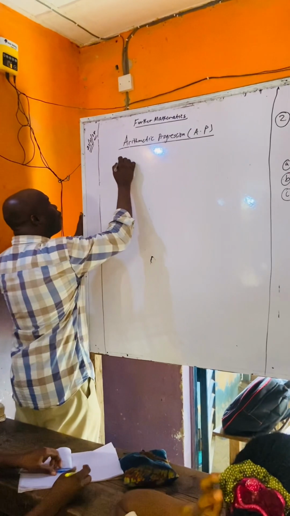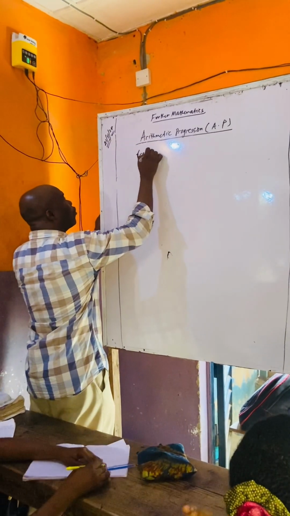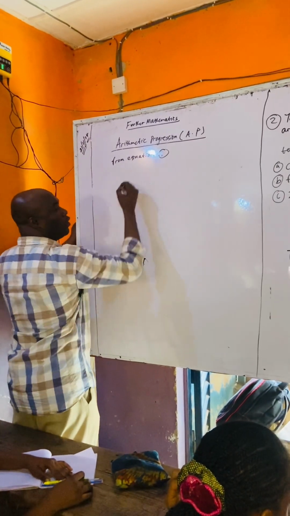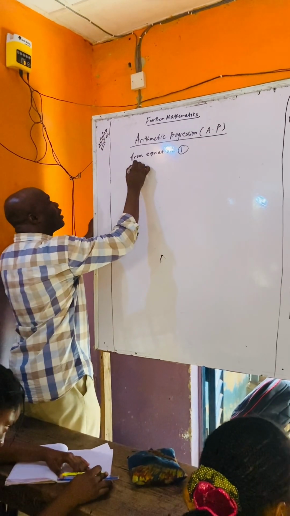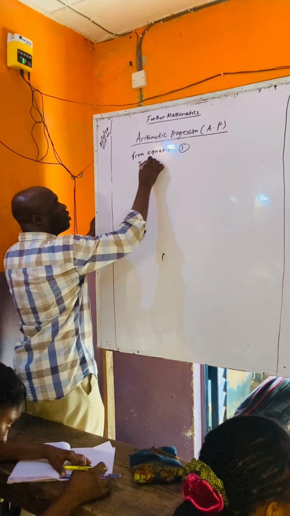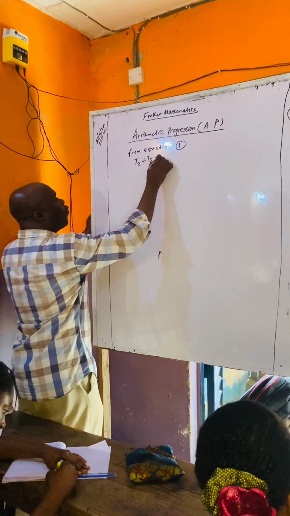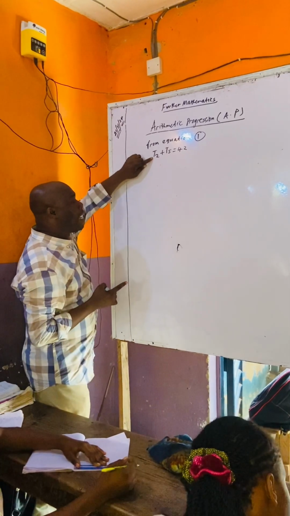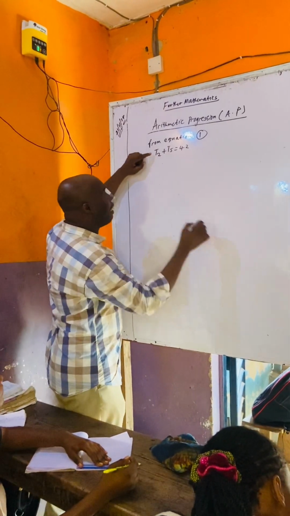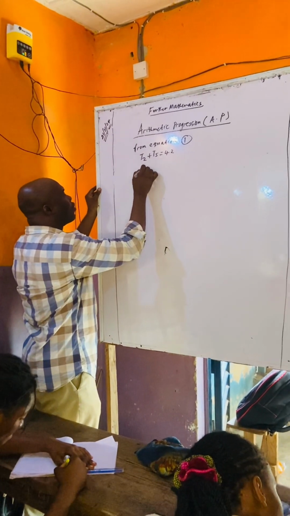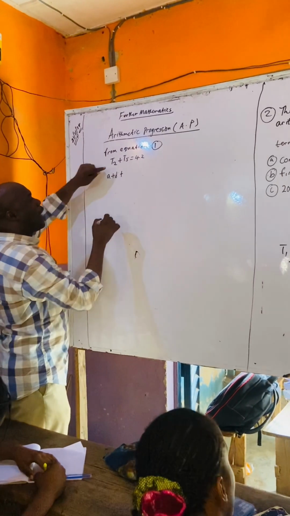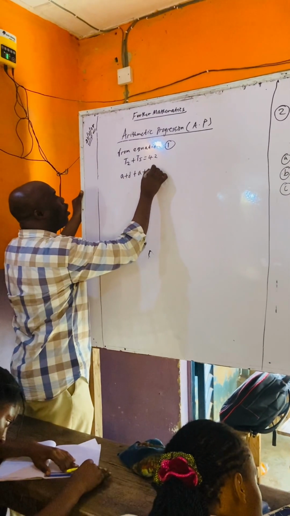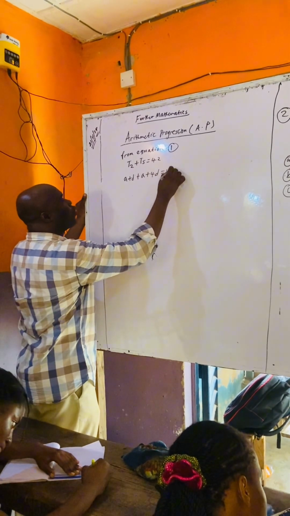So let me write from equation 1. In equation 1, we have T2 plus T5 equal to 42. So now, with the experience so far, our T2 is what? A plus d, plus our T5 will now be what? A plus 4d, equal to 42.